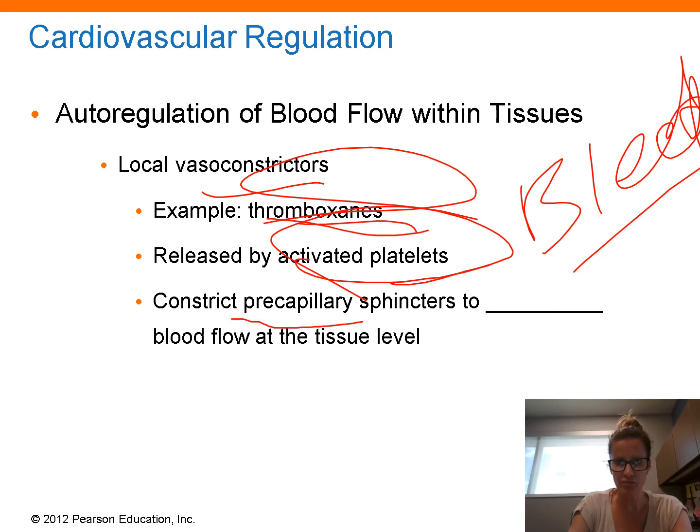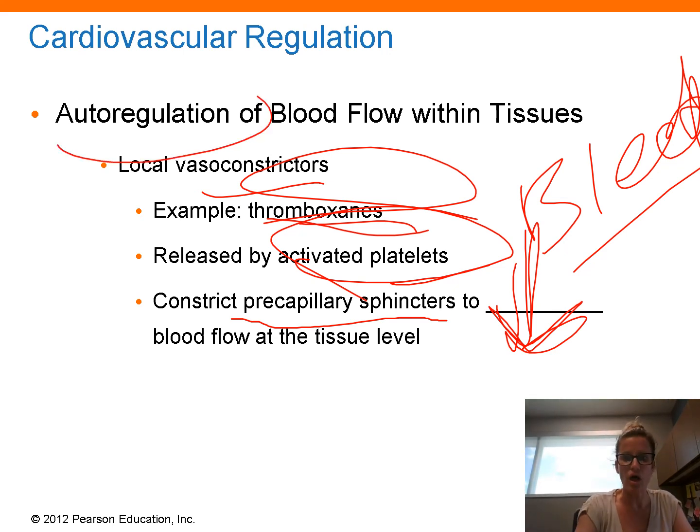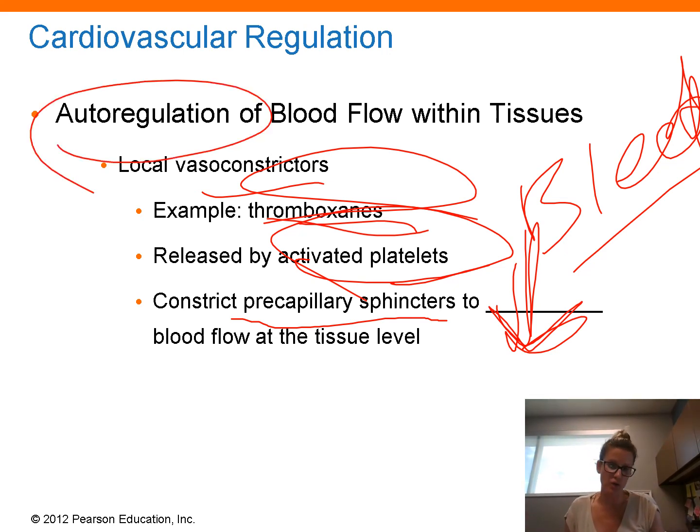They cause precapillary sphincters to constrict in order to decrease blood flow in that little area of the tissue, so at the tissue level. Again, these are all mechanisms of autoregulation. So when we say constriction and dilation, in this situation, we're not talking about big vessels. We're just talking about precapillary sphincters, so we're altering blood flow in one tiny little area of tissue.